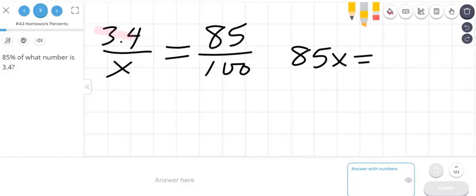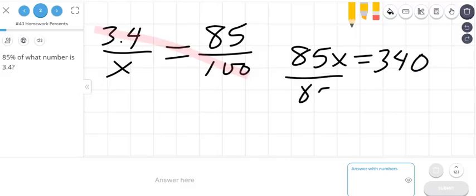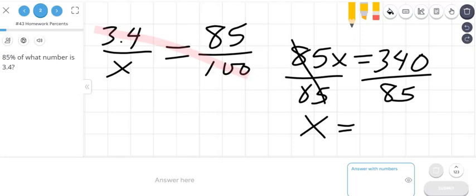Then when I multiply 3.4 times 100, that's 340. Then I have to divide both sides by 85. I get x equals, so 340 divided by 85 gives me 4.